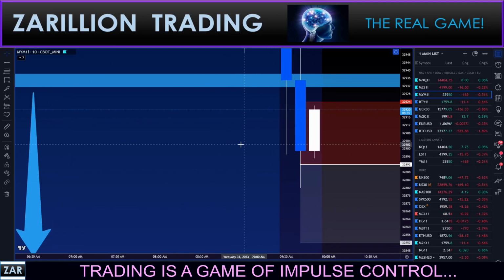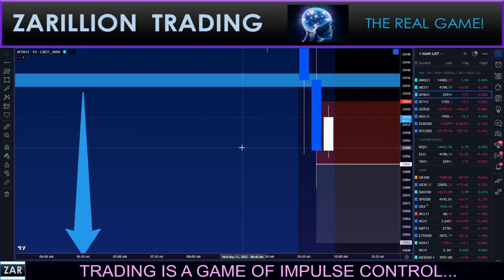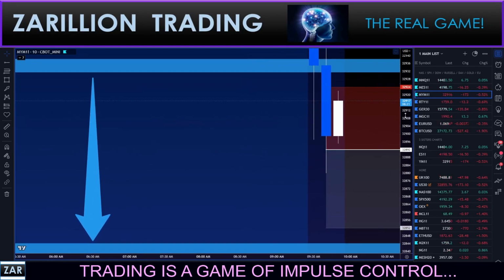Getting close to that stop. Well, I did want the upper wick. May have jumped the gun a little bit on this trade.